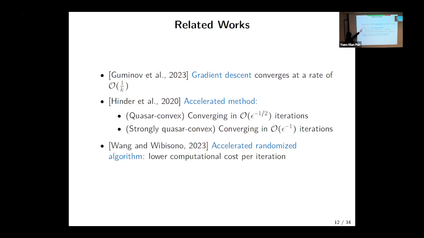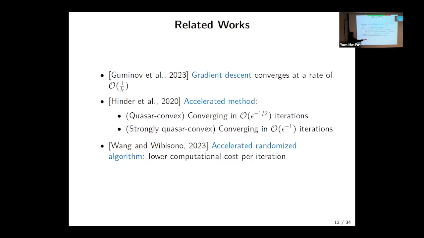And here, Kinder also proposed some accelerated methods that for quasar convex functions converge in O(epsilon^(-1/2)) iterations, where epsilon is the epsilon-optimal point. And for strongly quasar convex functions, the accelerated method converges in O(epsilon^(-1)) iterations to an epsilon-optimal point.